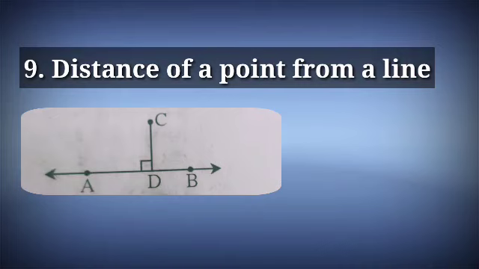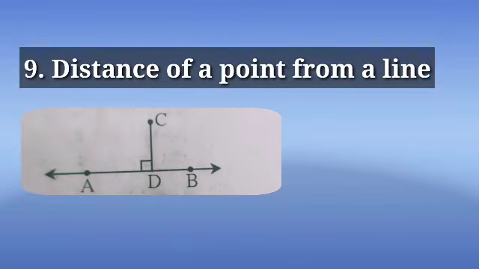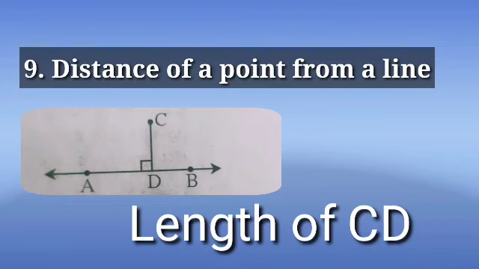Distance of a point from a line. Dear friends, after perpendicularity of segments or rays, we are going to learn about distance of a point from a line. If segment CD is perpendicular to line AB and the point D lies on the line AB, then the length of segment CD is called the distance of a point C from line AB.